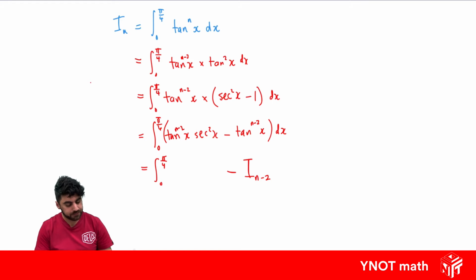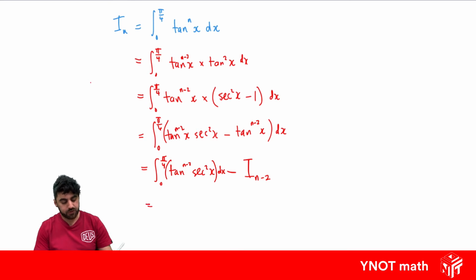Now over here, we have a reverse chain rule situation where we have tan being multiplied by its derivative. So to find this integral, let's just write it out first: tan of x to the n minus 2 times sec squared x dx.